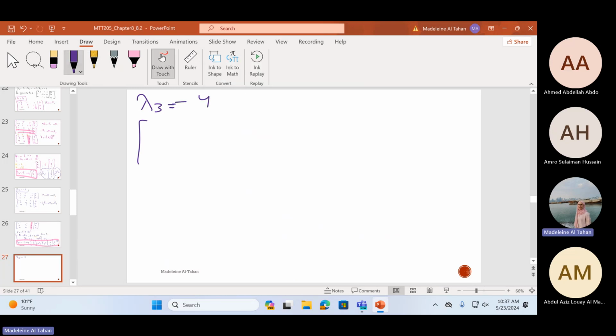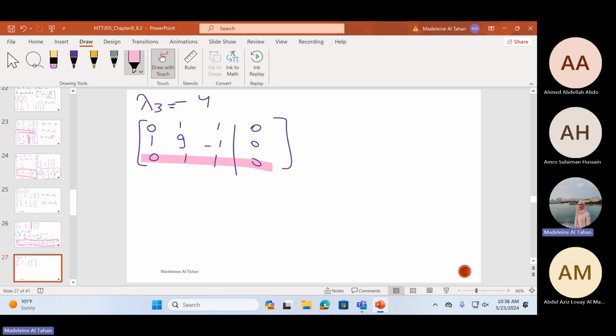Substitute, what will we get, miss? Negative 4 minus 4, negative 4, negative 4, 0, right? 1, 1, 1, 5. Negative 1, 0, 1, negative 3, negative 4, and 1, right?